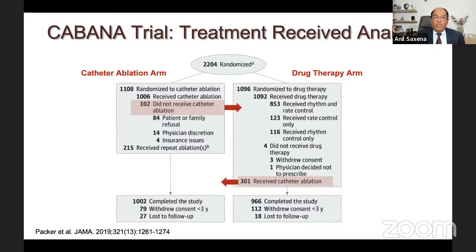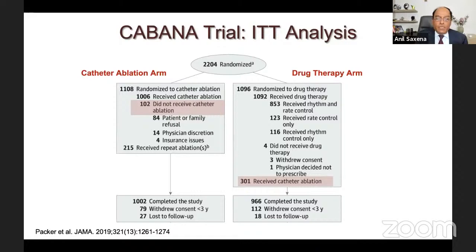So what they did was three types of analysis. One is called intention to treat analysis. That is how for the last several decades we have been analyzing the trials. That is, patients will be analyzed in the same arm, whether they receive the same treatment or the other treatment.